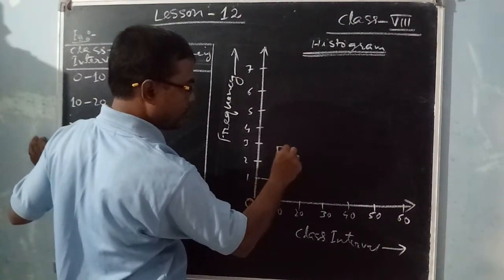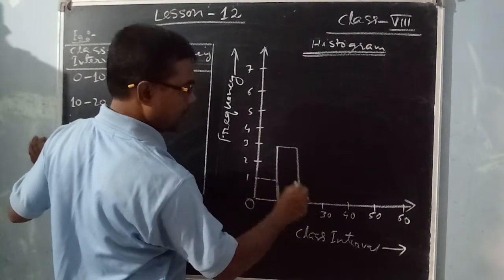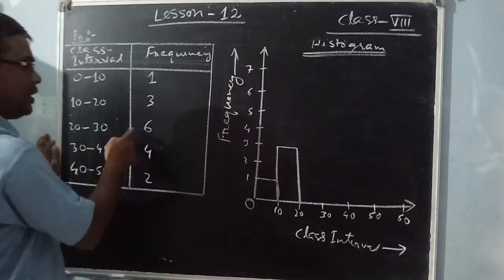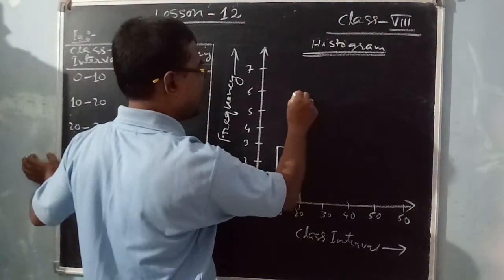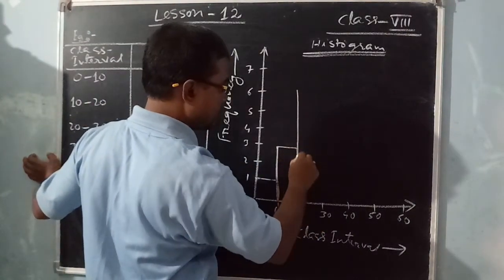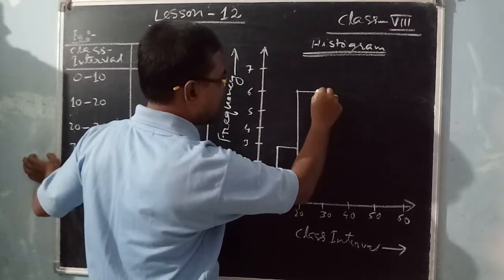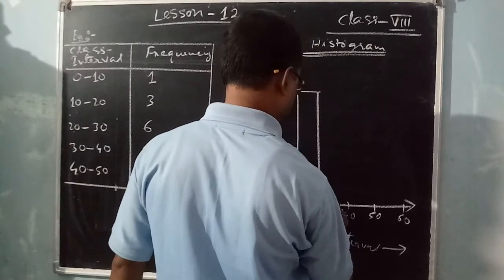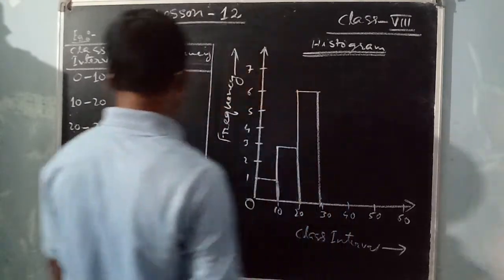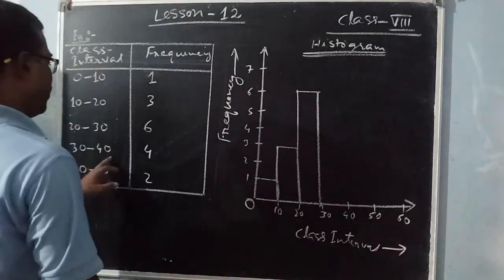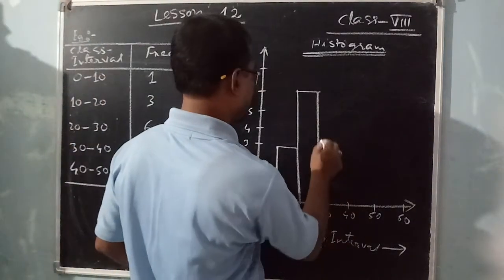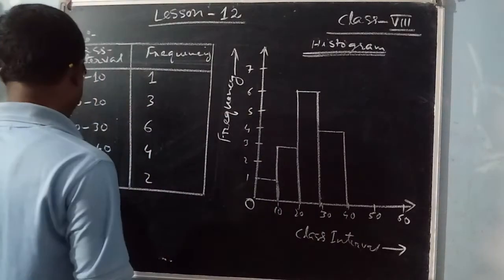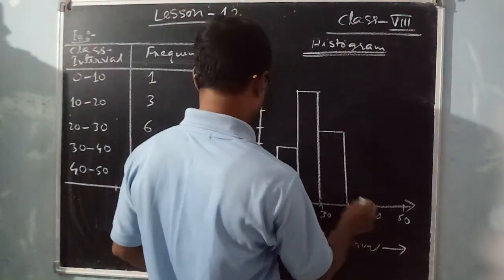After this 20 to 30, it is 6. This line should be straight. Then 30 to 40 is 4, and then 40 to 50 is 2.